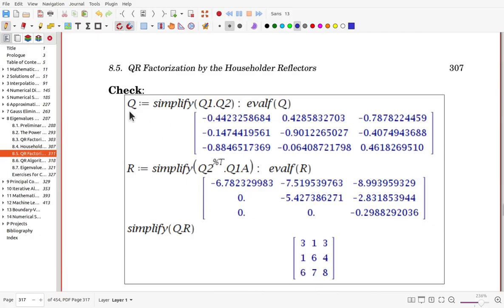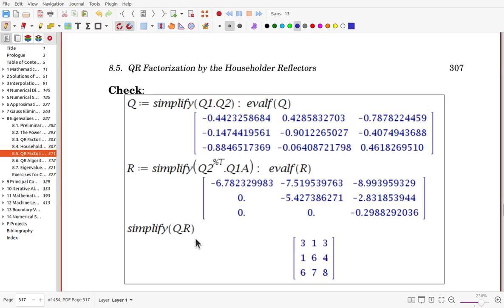Here, let's check if it is okay. Now Q is Q1, Q2, and here we can see this matrix. So this is Q. And once A is multiplied by Q1 transpose and Q2 transpose, then we have an upper triangular matrix.